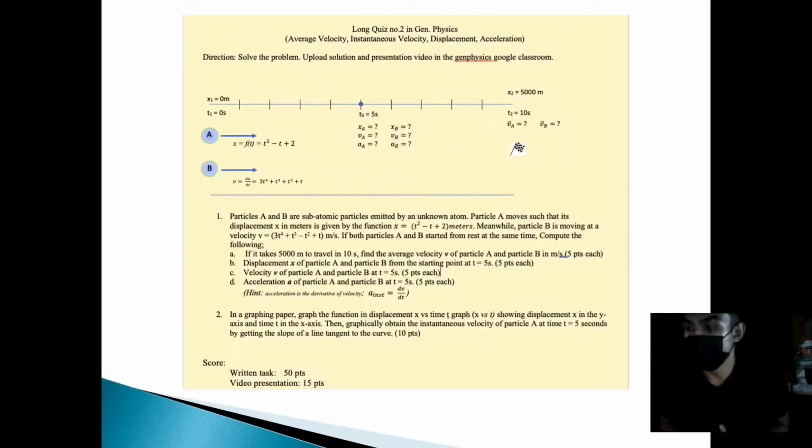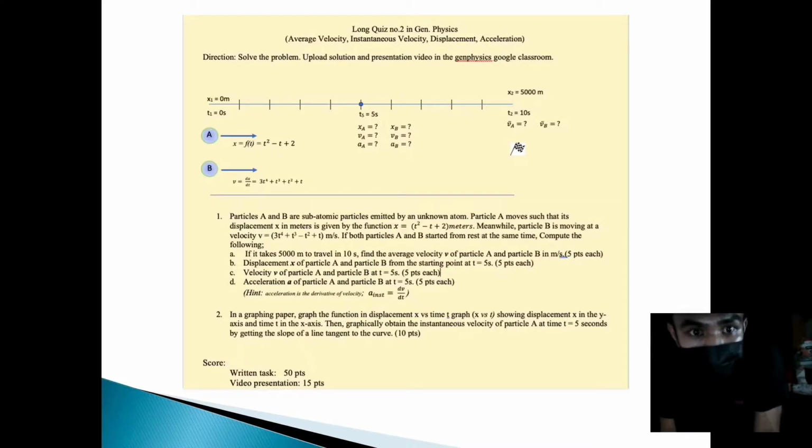First, we need to know what is being asked. So we should first be educated of what the problem is. So this is the problem. The given is the formula for the displacement for particle A is f of t is equal to t squared minus t plus 2.